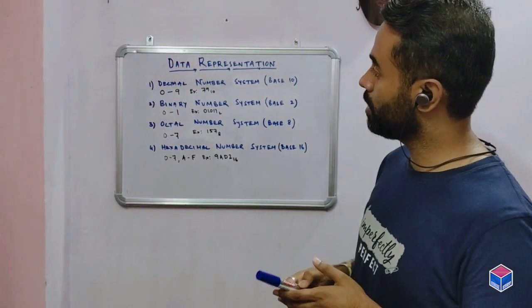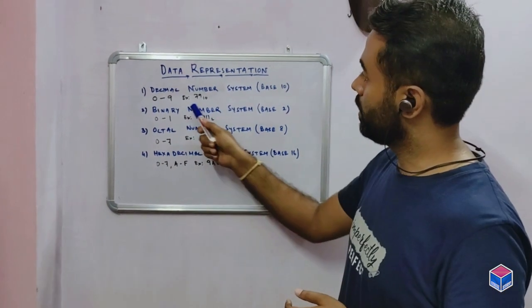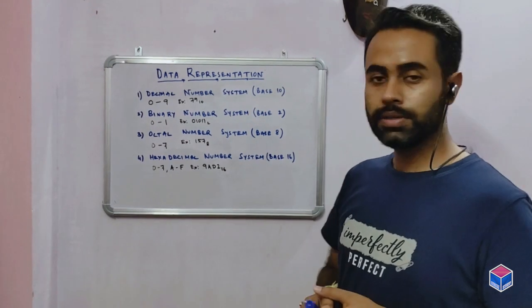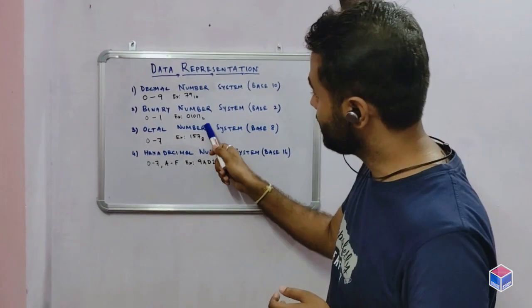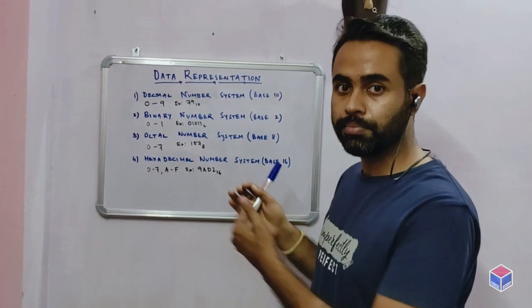When it comes to the decimal number system, it is 0 to 9, like the 10 fingers of a hand, as shown in the example on the board. Then we have the binary number system. It consists of 2 values, 0 and 1. These base values are very important to represent these numbers.